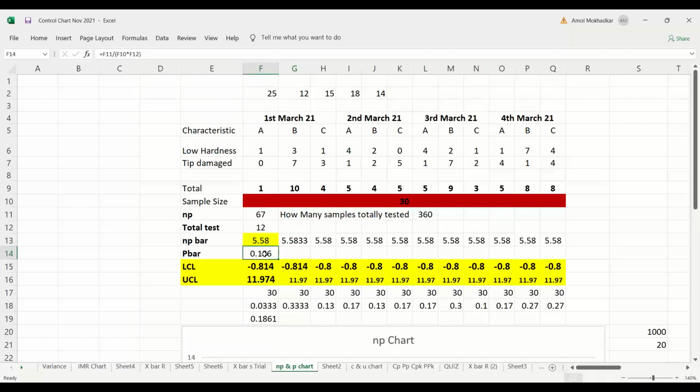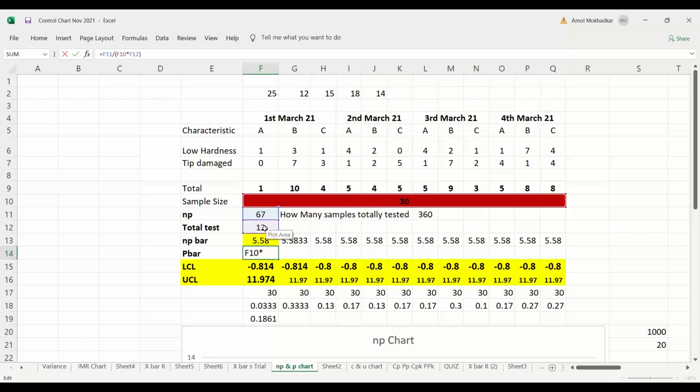And what is the P bar? We need to calculate the P bar also, that is the proportion defective. So total number of defective samples were how much? 67. And how many samples were tested? 360, that is 30 samples into 12.